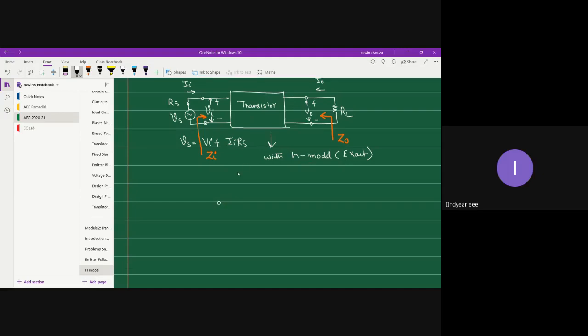We have hi, and then we have hr V naught. On the output side, we have hf II, and the admittance 1 by h naught.